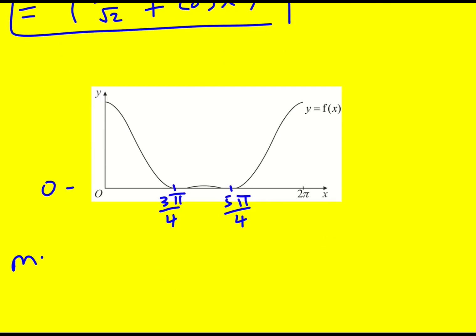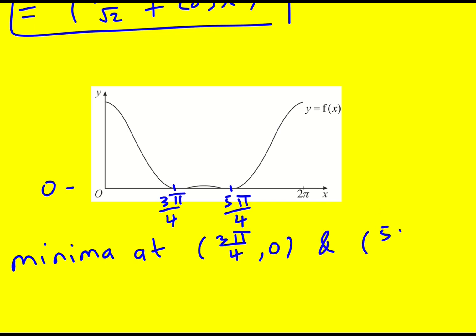So we've got minima at 3 pi over 4, 0, and 5 pi over 4, 0.